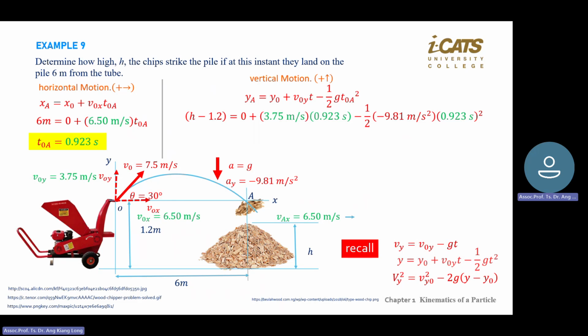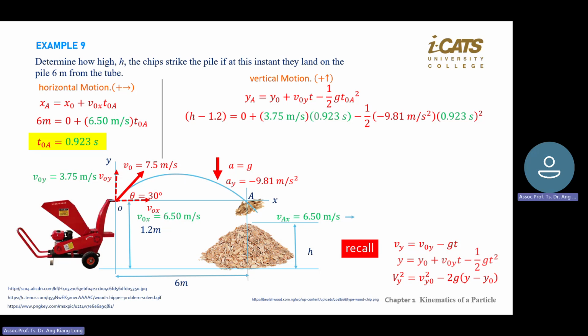And then this side is a bit tricky. YA is here. In this case, I take H minus 1.2 for Y. Why do I take H minus 1.2? If you take 1.2 minus H, it also can. But in my case, why do I put H minus 1.2? What assumption do I have if I put the bracket H minus 1.2?